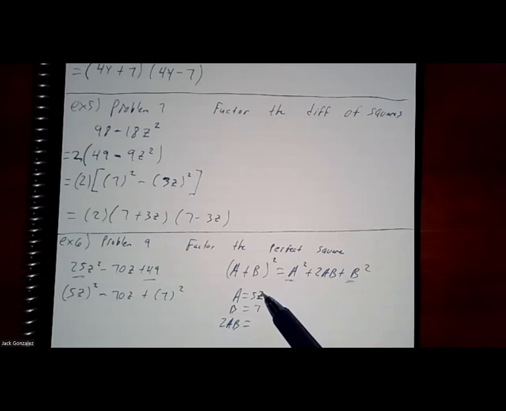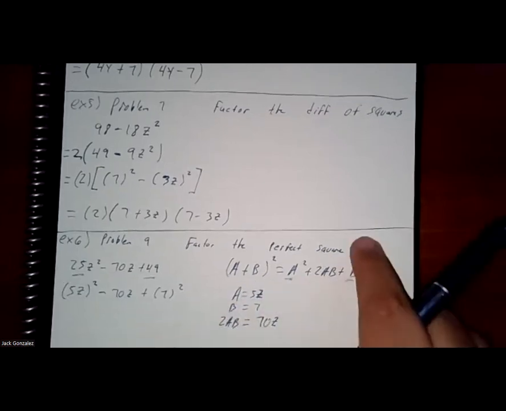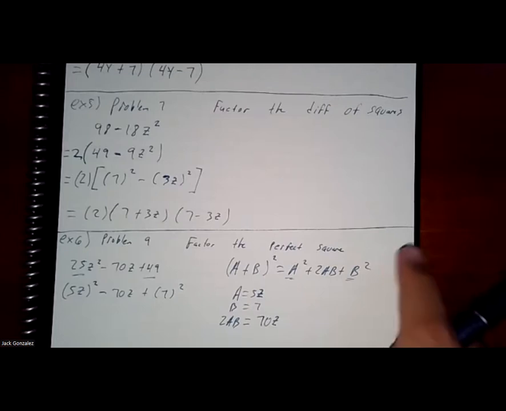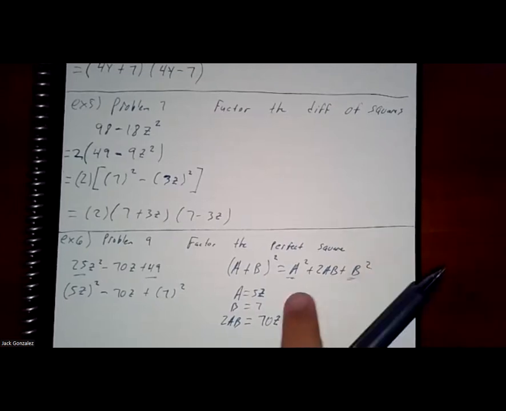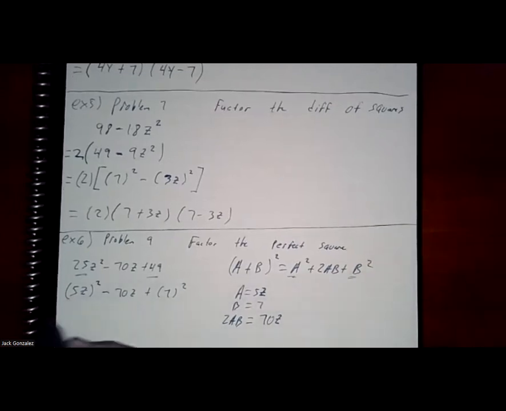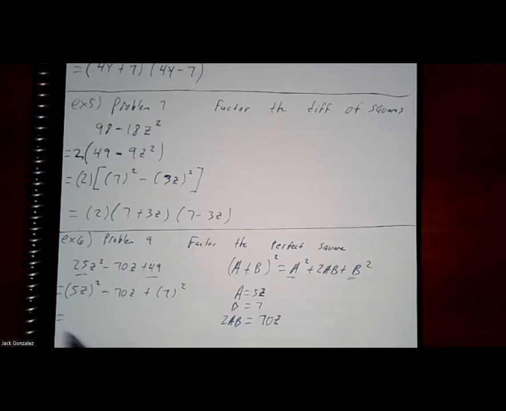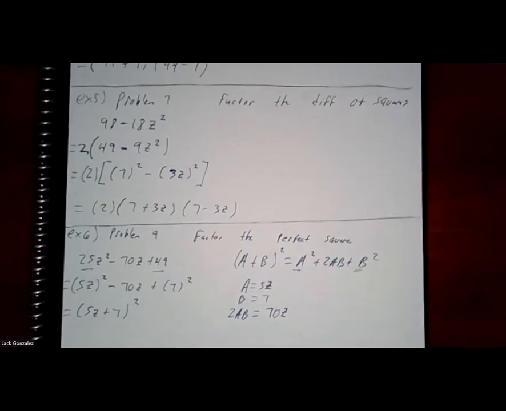So 2 times 5 is 10. 10 times 7, right? 70z. And that's what they got, right? Okay. So this verifies that it is in fact a perfect square. But they told us, so we can jump to the conclusion. But if they don't tell us, we gotta check. But once we know, it's always gonna be 5z plus 7. So technically you can go straight to here.